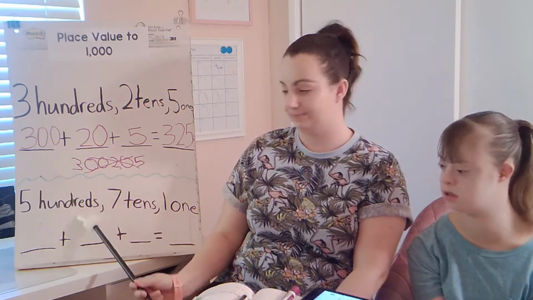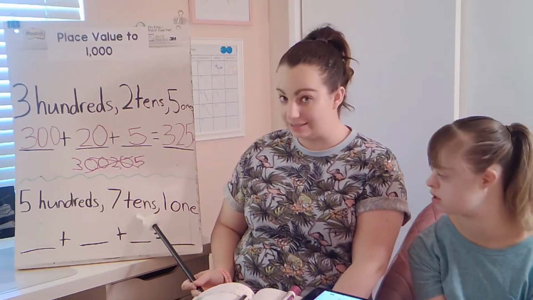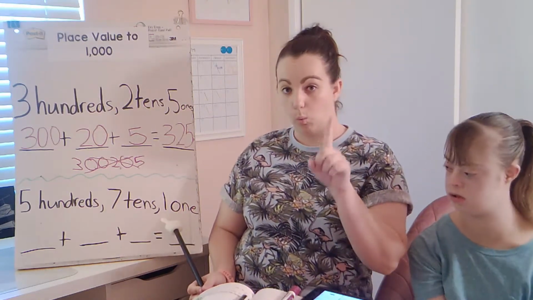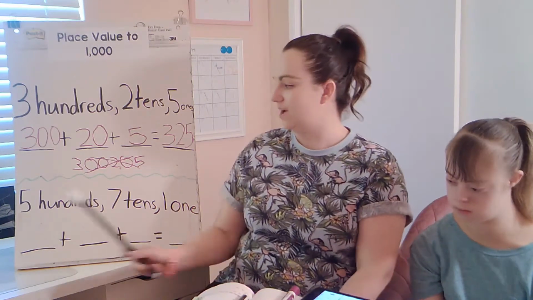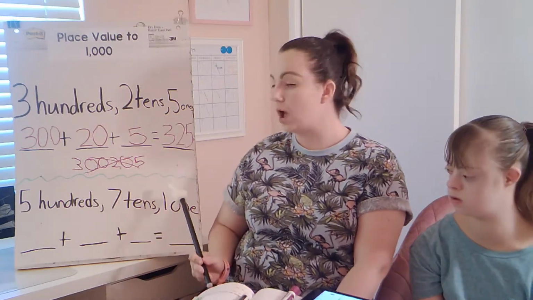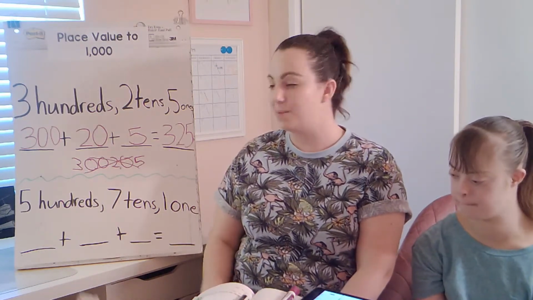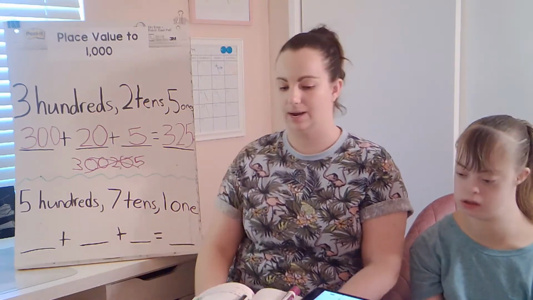500, 7 tens, 1 one. Okay? 500s, 7 tens, 1 one. Now it's time for us to write it in expanded form down here. Okay?